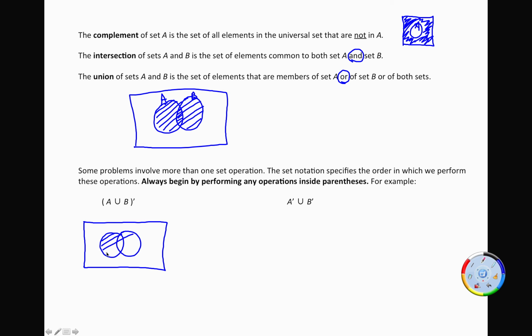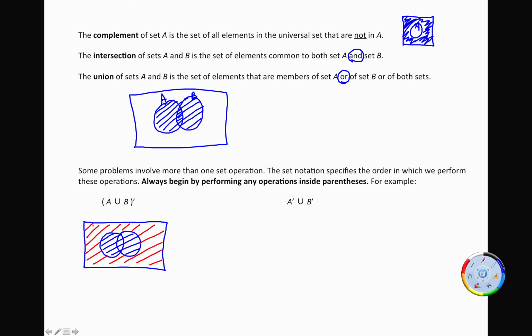Here's the set A or B. And so the complement means I want the stuff that is not in A or B. So my final answer here, I'm going to shade in red. This red shaded section is how a Venn diagram would represent the complement of A or B.